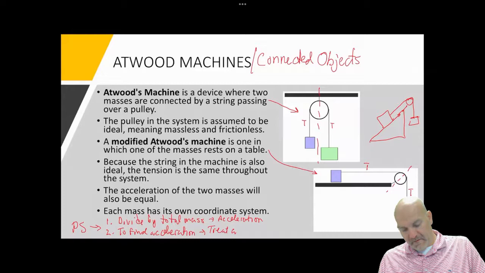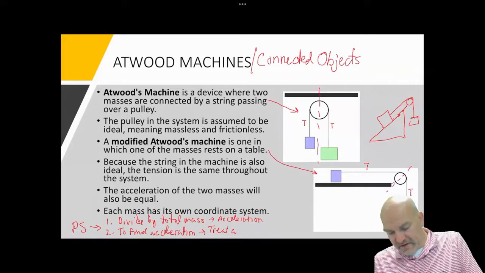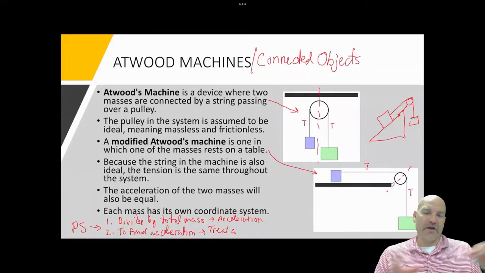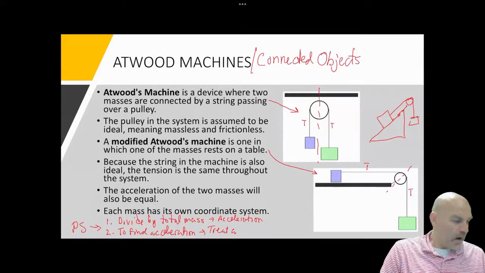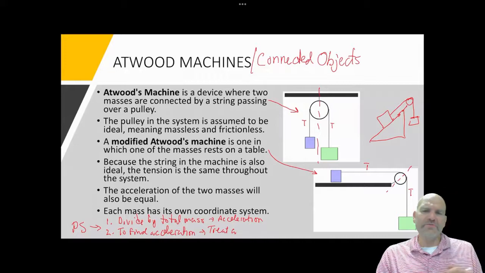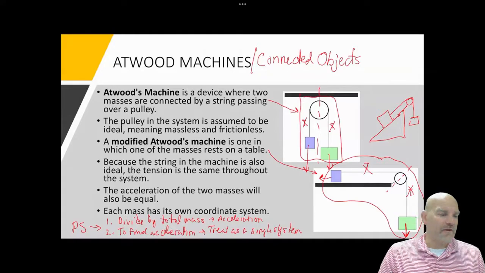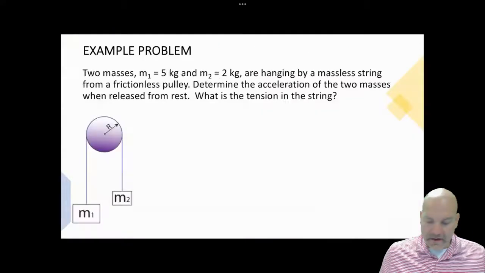You just identify what is trying to pull this system, what is trying to move the system. Same thing here: I treat this as a full system, so it eliminates the tension. If there's friction involved, which we'll get into later, that would try to pull on the other side. Once you have the acceleration of the system, you can go back and find the tension or any other forces you're looking at.